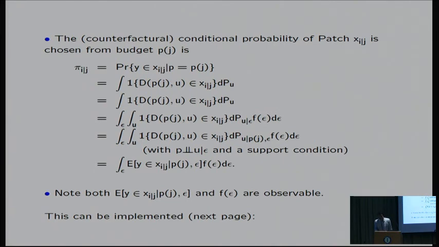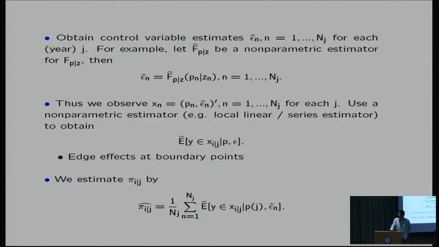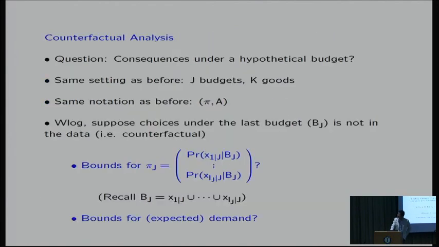And then you can get this with a little bit of a restriction like a support condition, which Neshe was talking about yesterday. And so we can do this. So that's my answer.